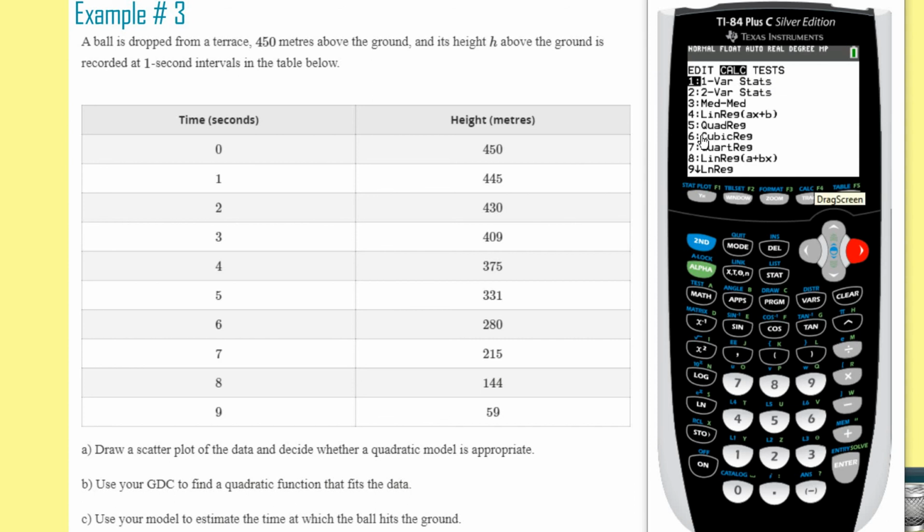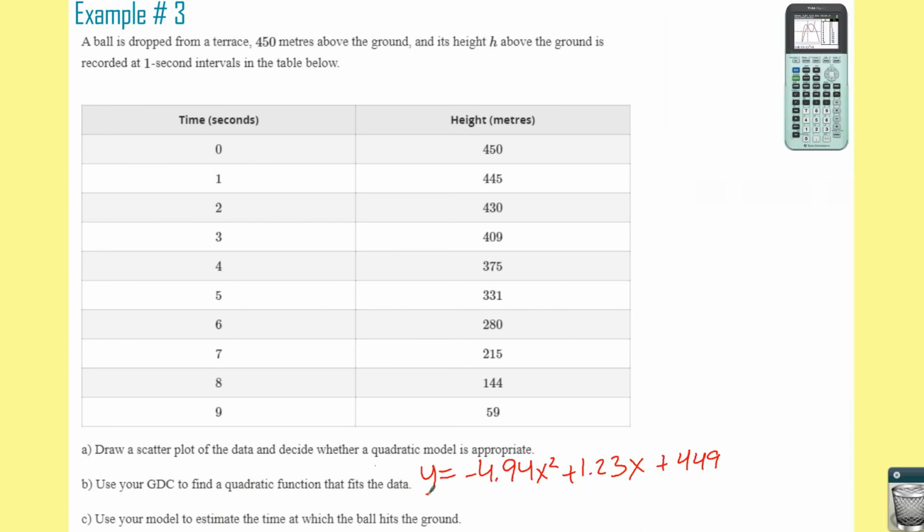Then we're going to go to quadratic regression, so number 5. Hit list 1 is my x's, list 2 is my y's, calculate. So now here I've got my A, B, and C. Alright, so now I just write that out into 3 sig figs. Okay, so here's your equation in standard form.